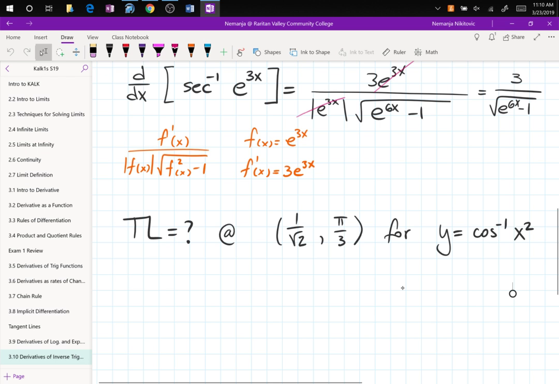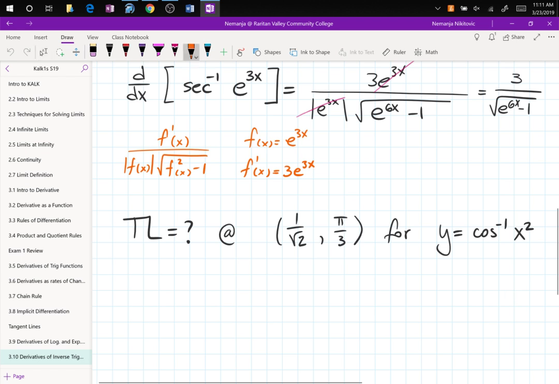So we are going to do the derivative for inverse cosine. We are going to take the negative, right? So it's the same as inverse sine, it's just a negative. So what do we have?